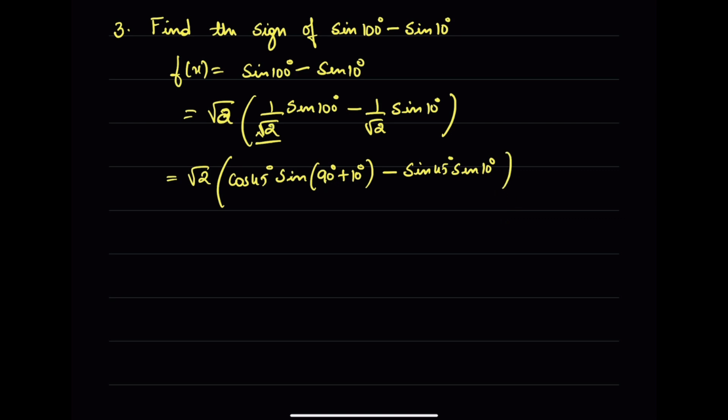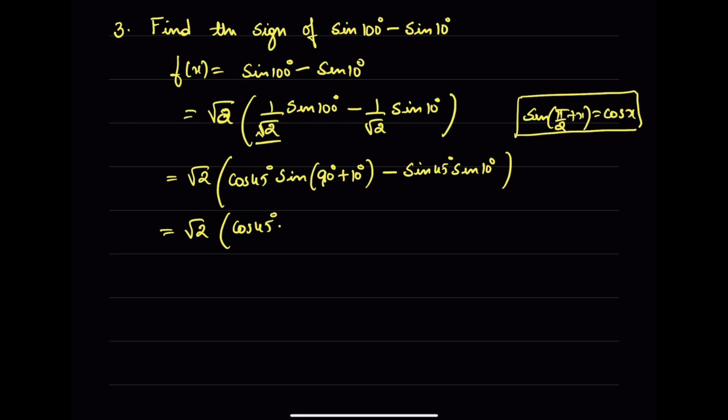So sine of pi by 2 plus 10 is cos 10 degrees, correct? We have learned that sine of pi by 2 plus x is cos x. We have learned this in the chapter trigonometric functions. Please refer to that playlist and you will understand better. So this will be square root of 2 multiplied by cos 45 degrees cos 10 degrees minus sine 45 degrees sine 10 degrees.